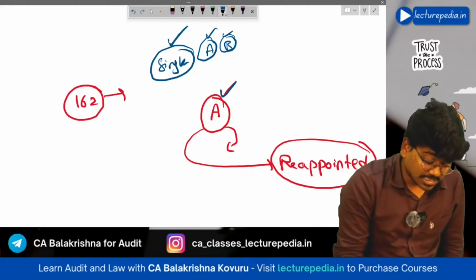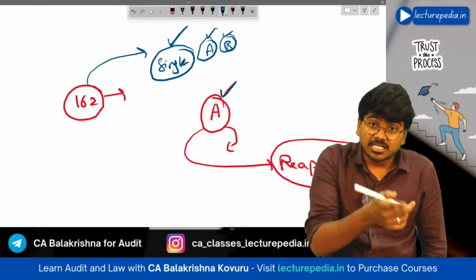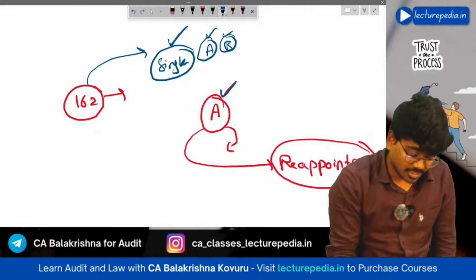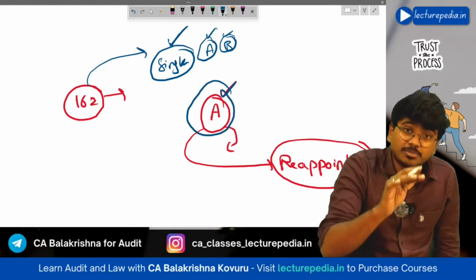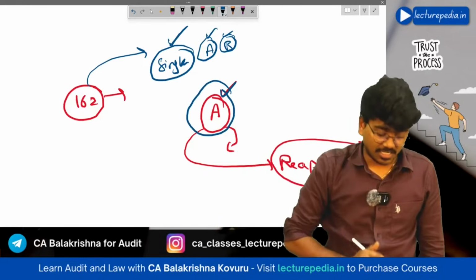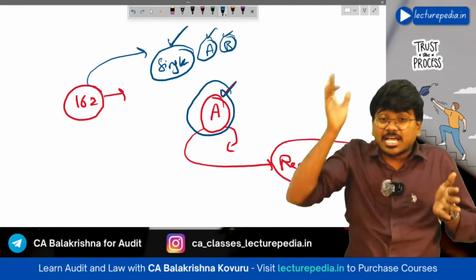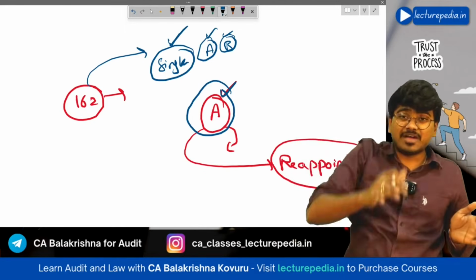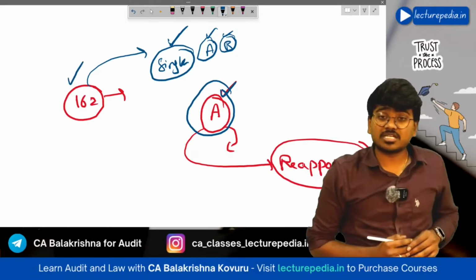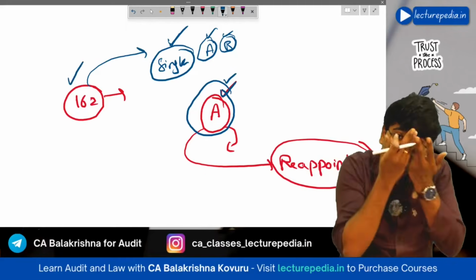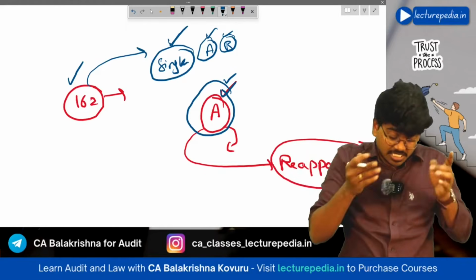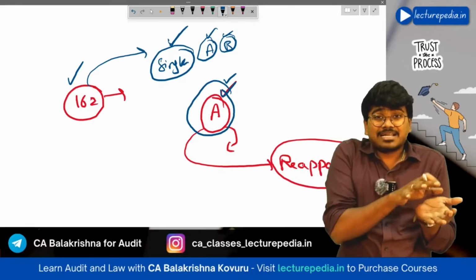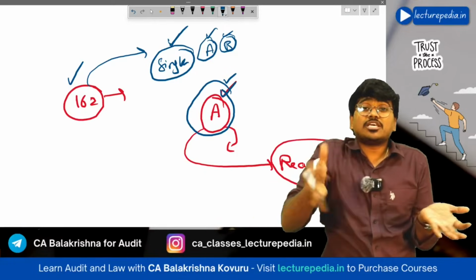If section 162 is contravened while appointing, the appointment becomes invalid, right? So since Mr. A's appointment is invalid because of contravention of section 162, he is not a director at all. Even though he is not a director, he kept on working as a director because of ignorance.